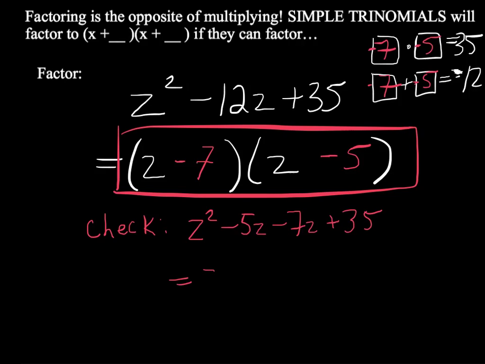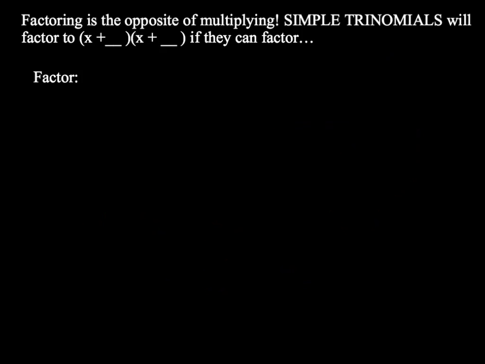Add the common terms together, and we get the original expression. Okay, this time I'd like you to factor x squared minus 8x plus 7. Please pause again and give that a try.